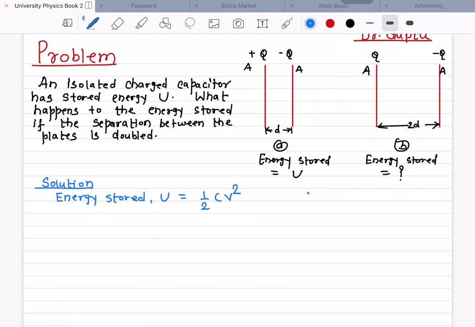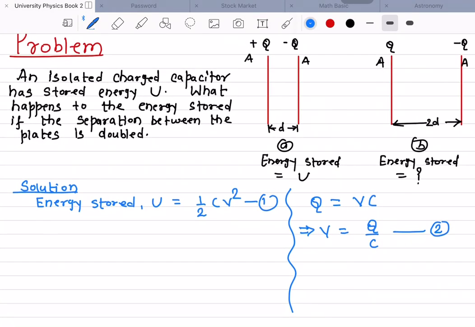We remember the charge Q on a capacitor is given by V times C. So from this, V is equal to Q divided by C. Let's call this equation 2, and this is our equation 1.